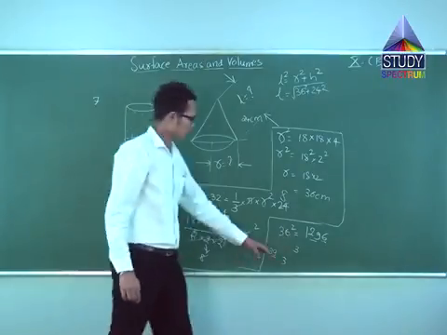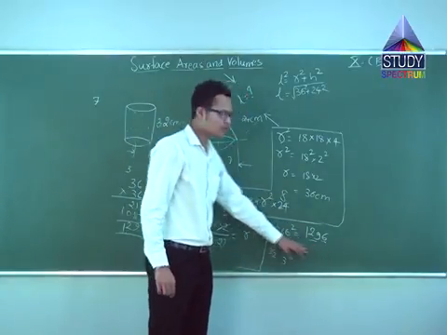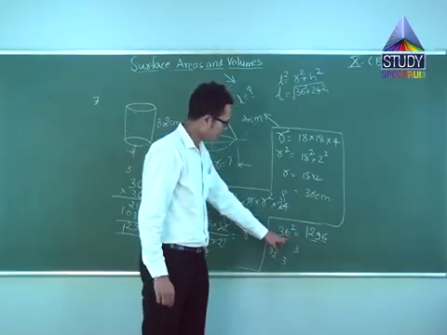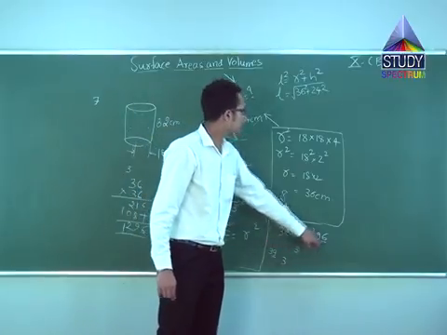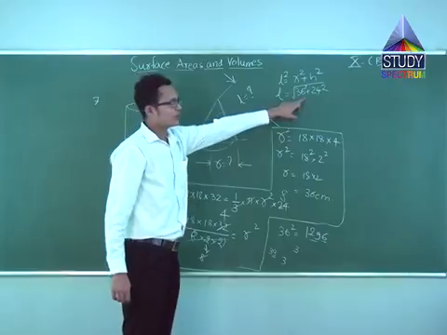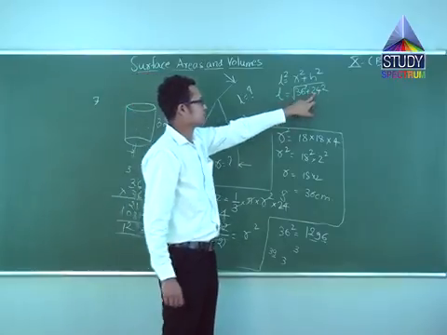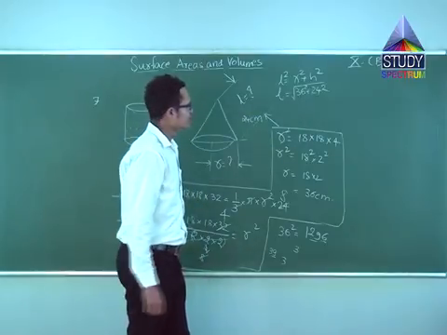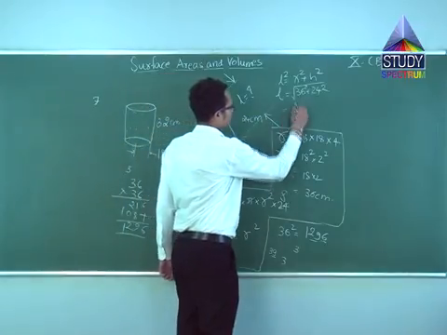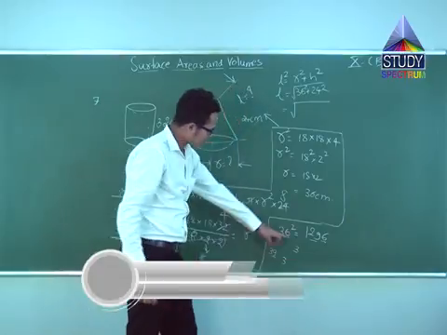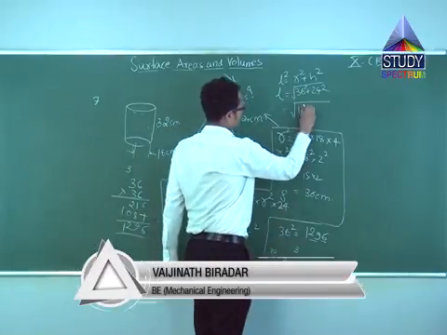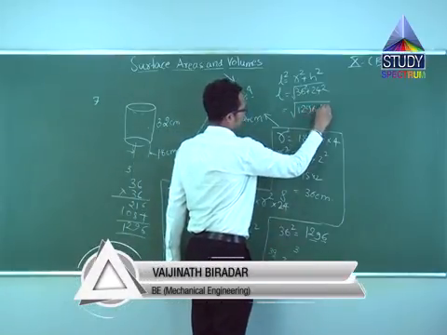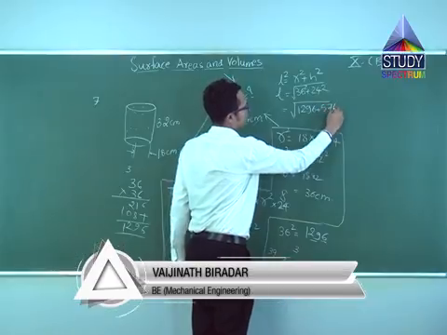In the exam, you can save a lot of time by doing this calculation in your mind. 36 square is equal to 1296. Let's do 24 square. I know the tables up to 25, so 24 square is 576. So this is equal to the square root of 1296 plus 576.